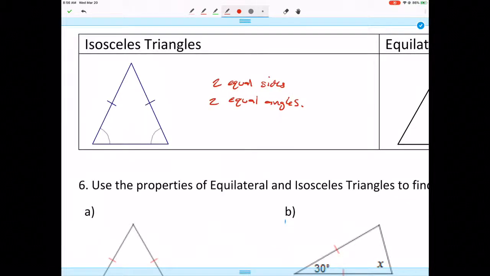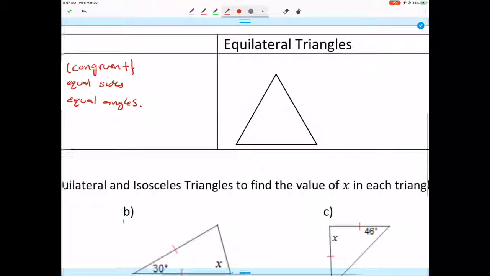Okay, so when I say equal, those are congruent. Okay, so in this one we have two congruent angles and two congruent sides.